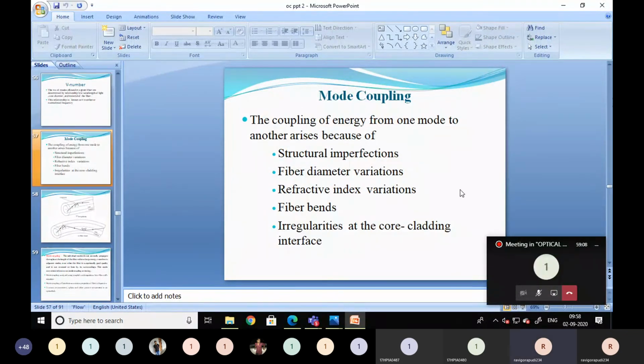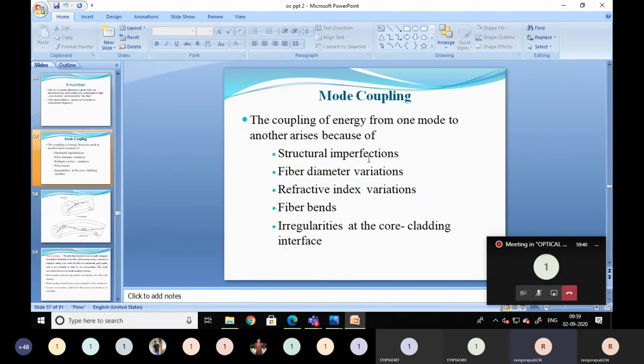Last one, mode coupling. So what is the mode coupling? You will see here, and why it is occurring.